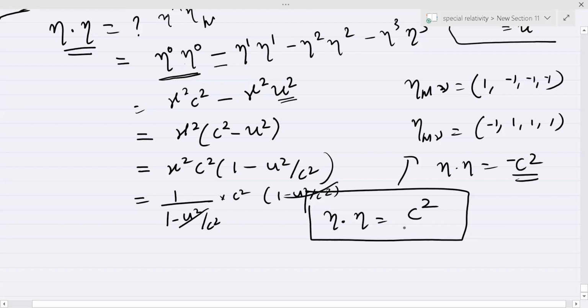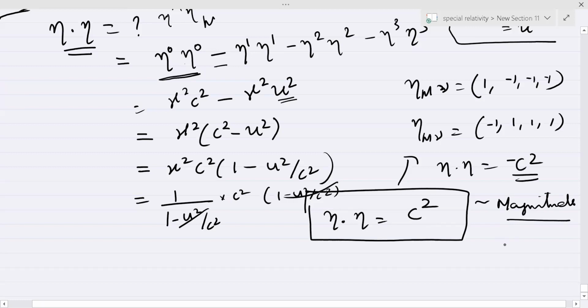Now there's an important thing here. I want you to make a connection. Eta dot eta is the scalar product of a vector with itself, so it gives you in a way the magnitude of the vector. Magnitude of the 4 vector.